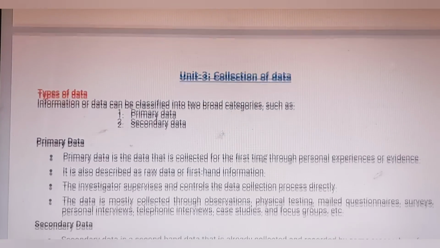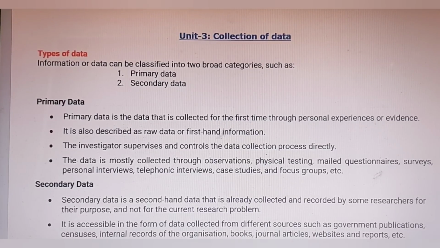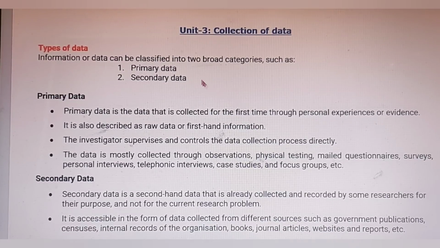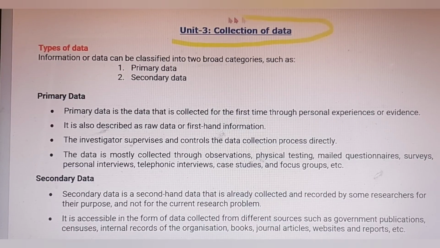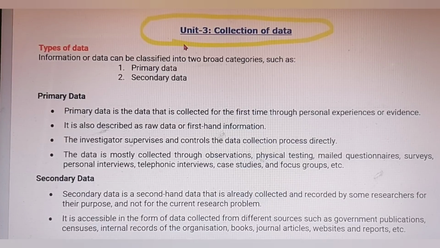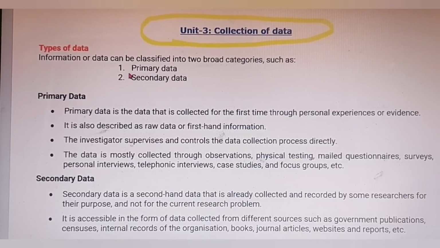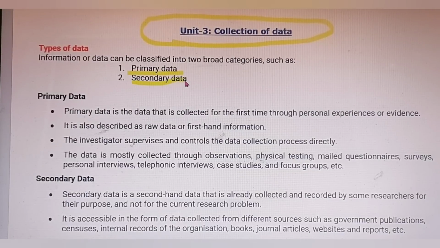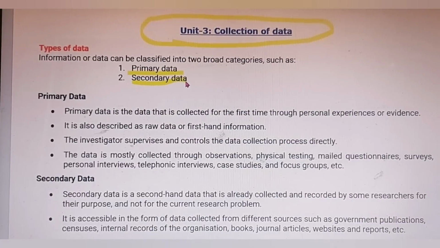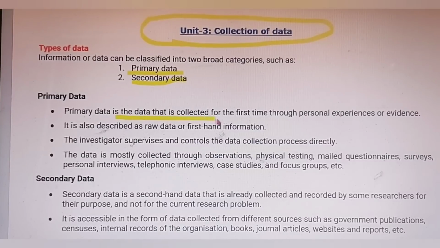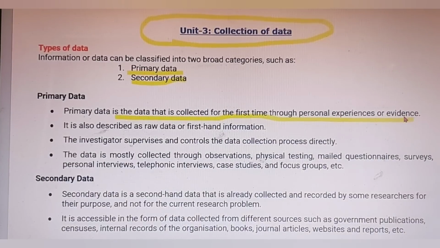The next unit is collection of data, a very important chapter. You must pay 100% attention to this particular unit, unit 3. Basically there are two types of data: primary data and secondary data. Primary data is the data that is collected for the first time through personal experience or evidence.